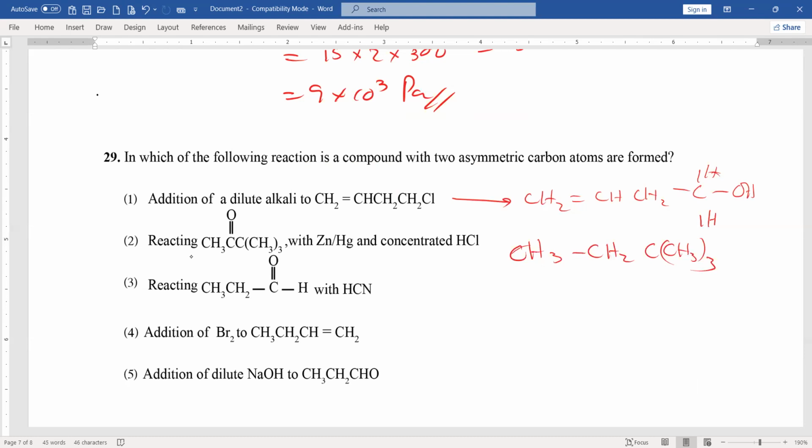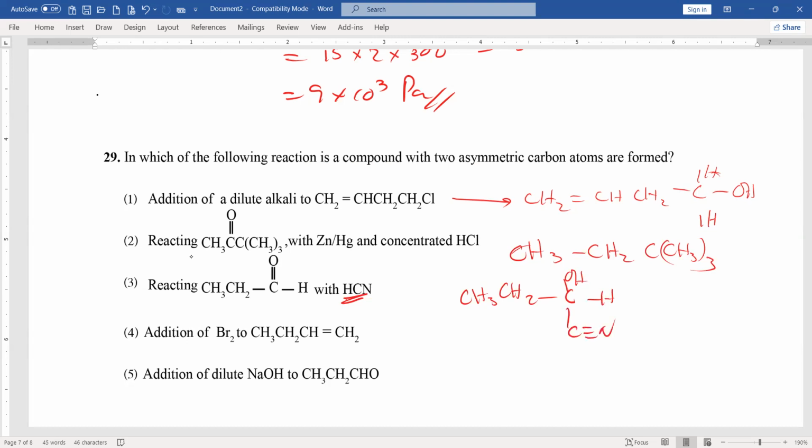So even in this case, we will not find any asymmetric carbon. Next one, addition of HCl to aldehyde or ketone will result in having OH and Cl on the same carbon. That means instead of this oxygen, oxygen will become OH and Cl will be attached to the other bond of this. So you will get in this case CH3CH2, C, OH, H is already available, and Cl.